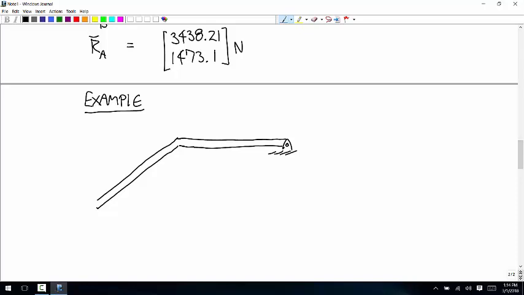And at this end, there's a pin and slot joint. I'm going to need to change something here, but this angle is 20 degrees between the slot and the vertical.